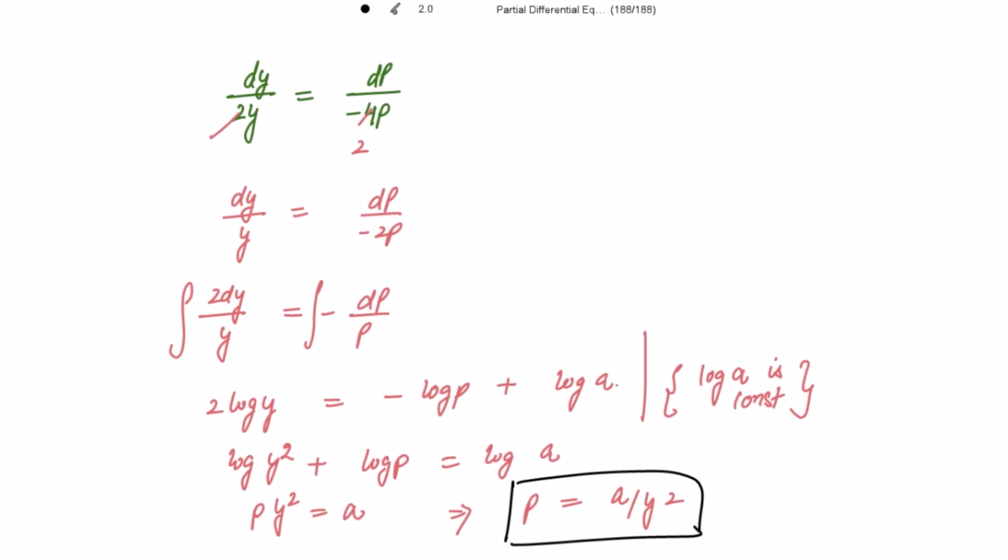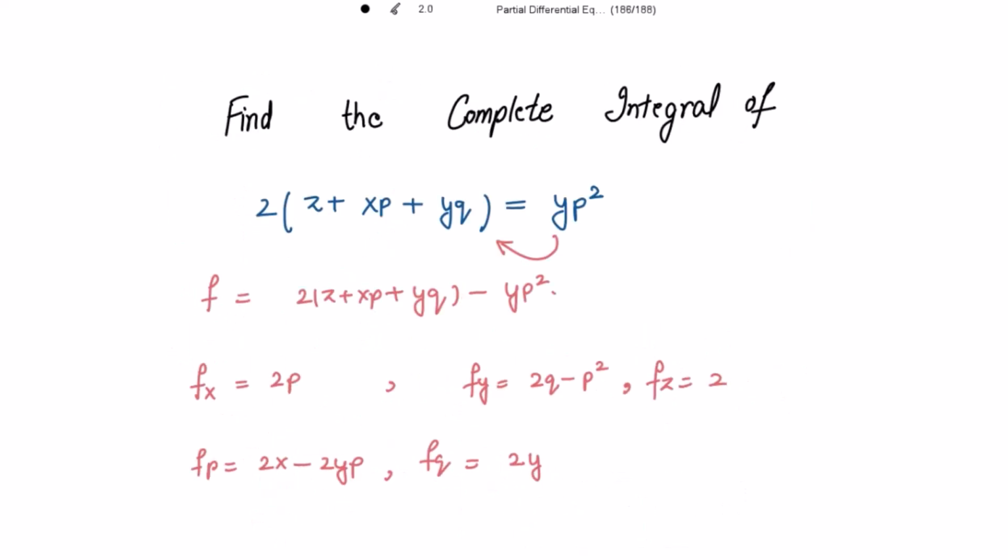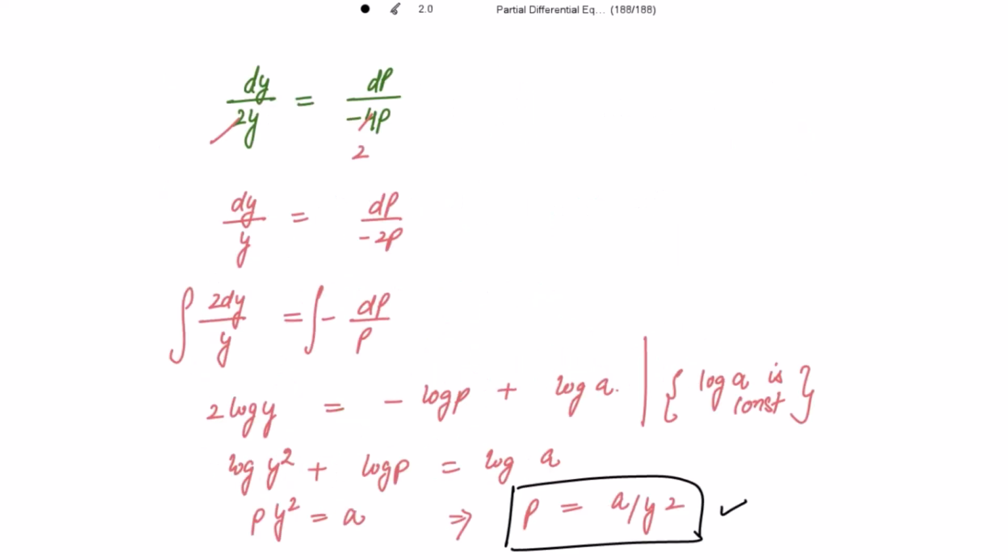Now how to get the value of q from this? We can put the value of p in the given equation to get the value of q. So let's put this value of p over here. This is the given equation. Putting the value of p, which is a divided by y squared, we write 2z plus x times a divided by y squared plus yq equals y times p squared. What is p?